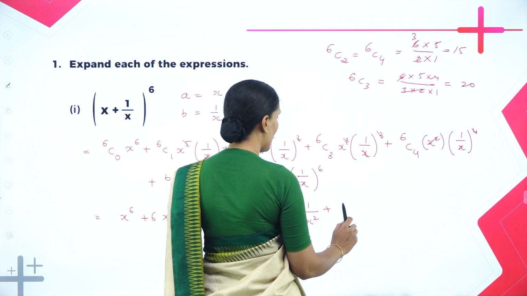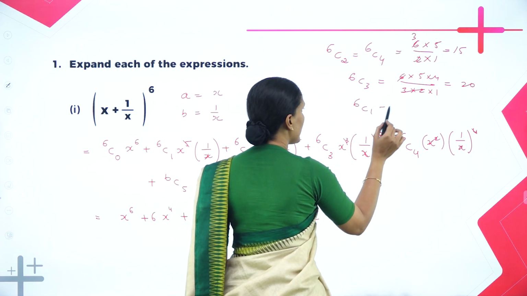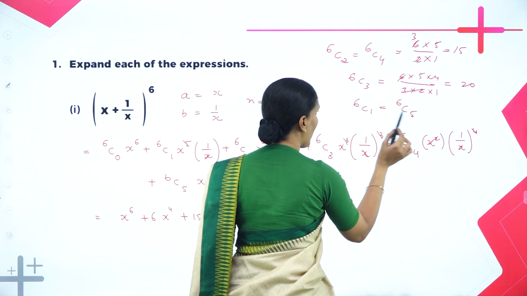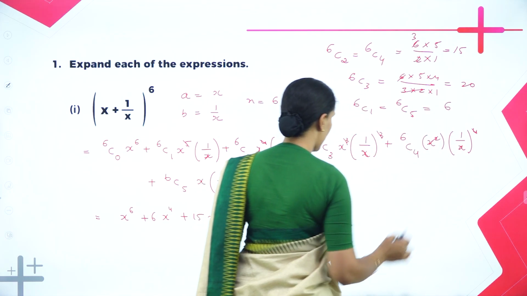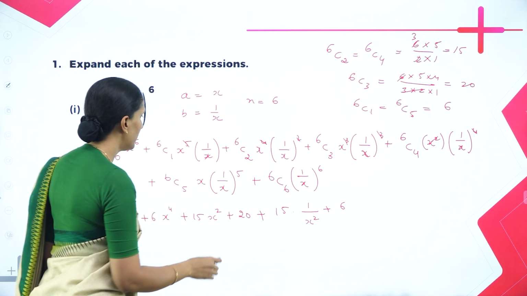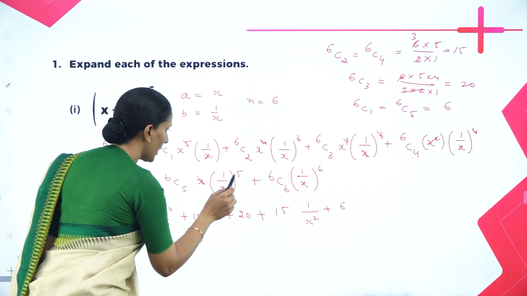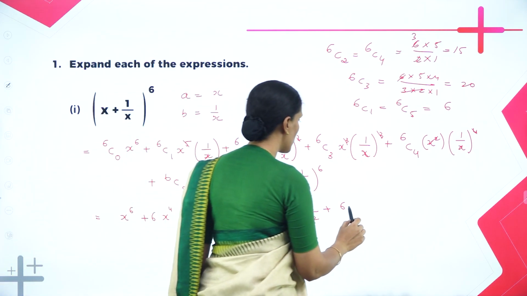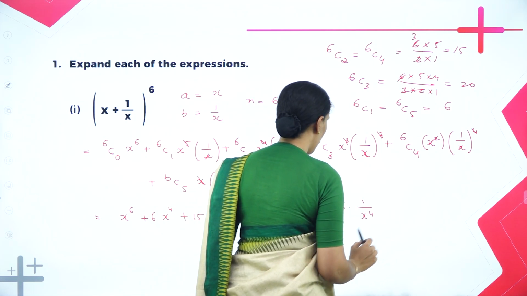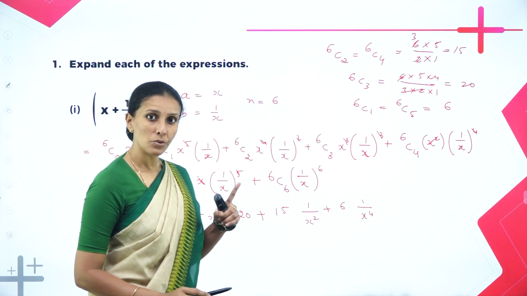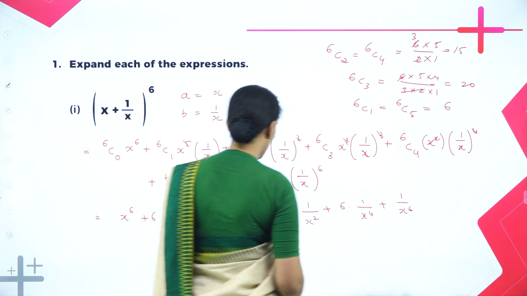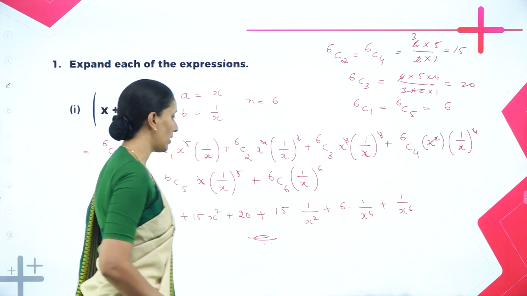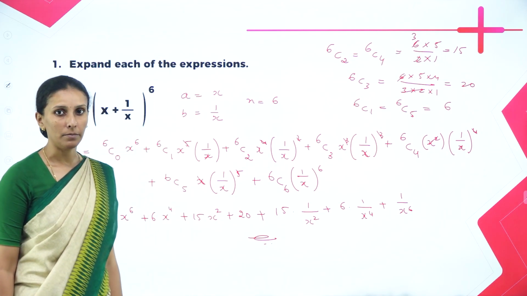The 6C5 value is the same, 6. 6C1 is the same as 6C5 because 5 plus 1 is 6, and nC1 is n. So therefore it is 6. Now here x cancels with the denominator x power 5, so therefore it is 1 by x power 4. The last, nCn, is 1. So we have 1 by x power 6. So this is the expansion of the given binomial expression.